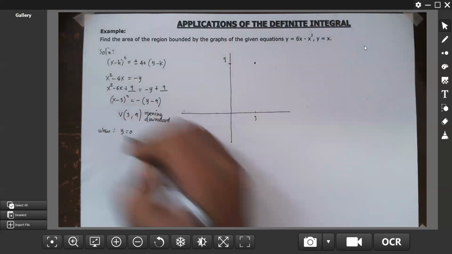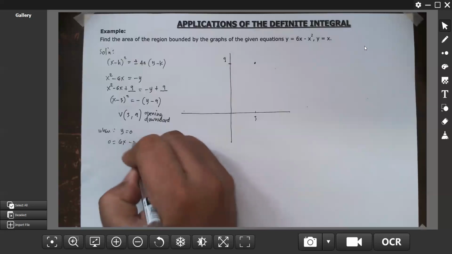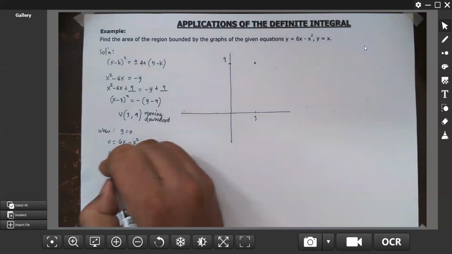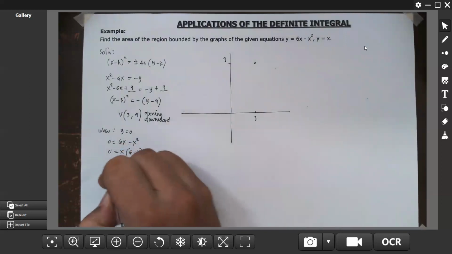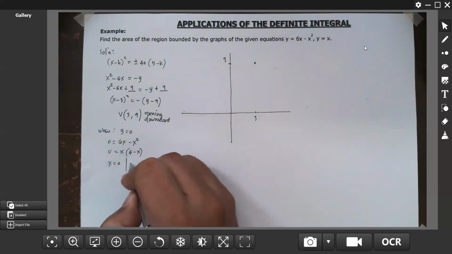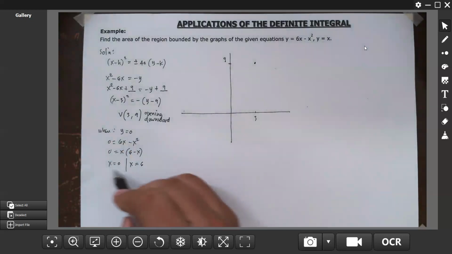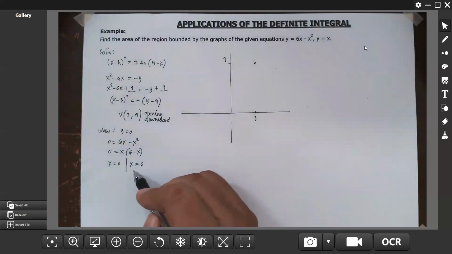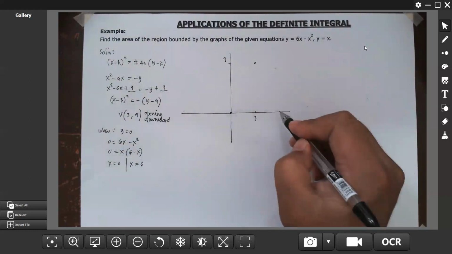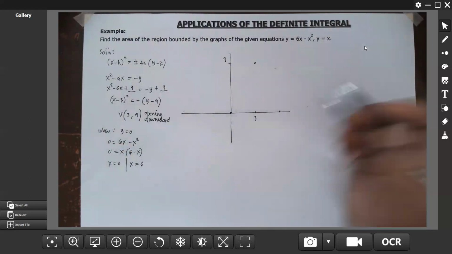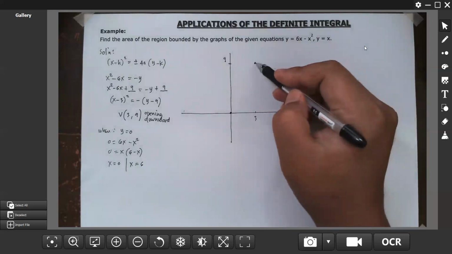When y equals 0, we have 0 equals 6x minus x squared. So 0 equals x times (6 minus x), and that's x equal to 0 and x equal to 6. So, these are the points where the parabola intersects the x-axis. So this is the graph of the parabola.